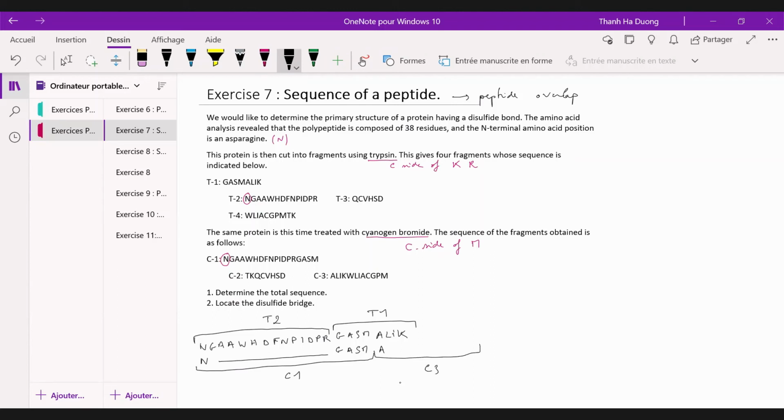T3, correct? And so after, I leave W. So after that, it would be T4.